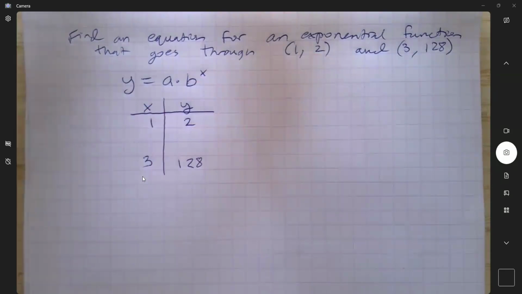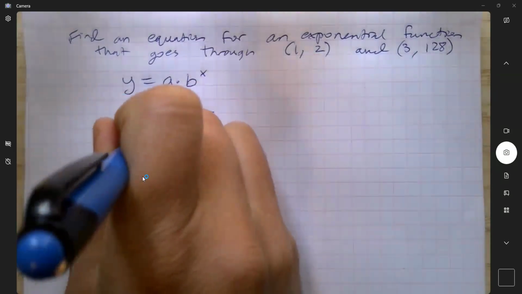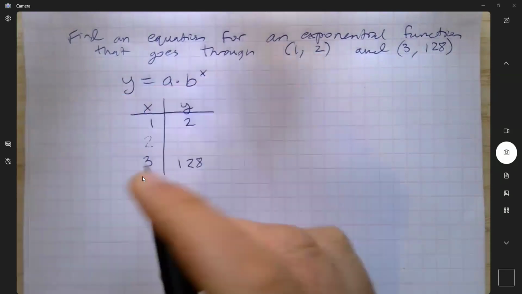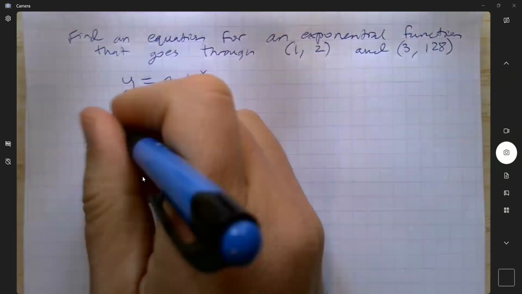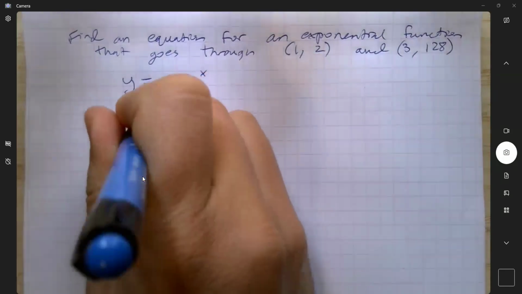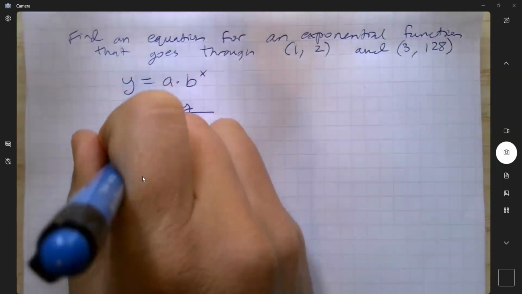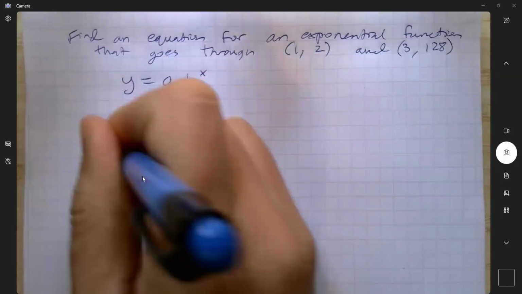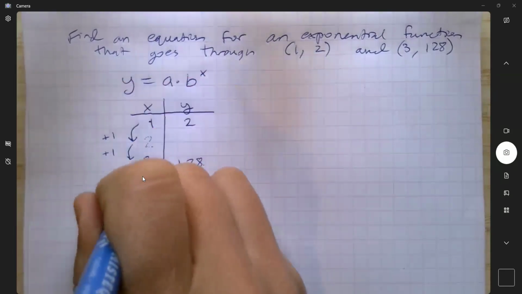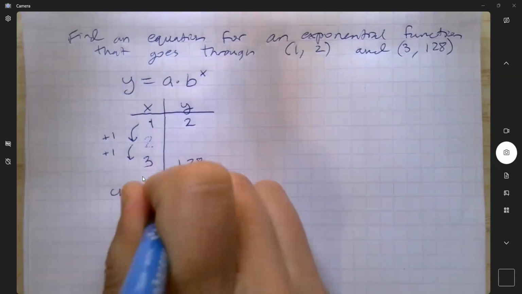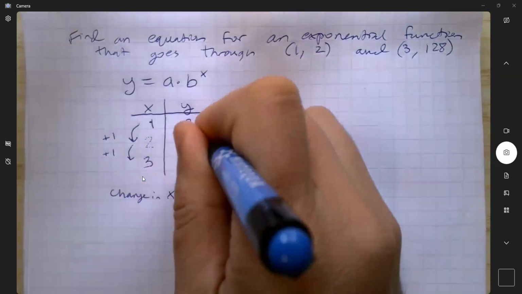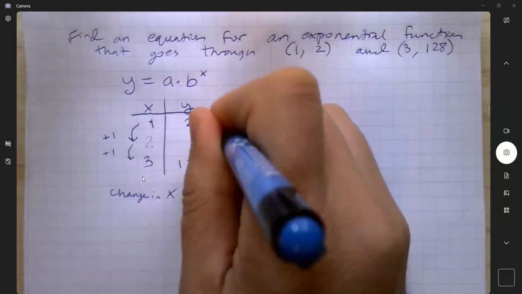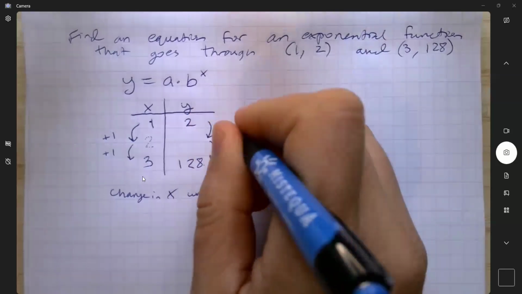And the reason to build this table is so that you can count the change in x and the change in y. The change in x from 1 to 3, it went up 2. The change in y, it's a multiplication. And what are we multiplying by?